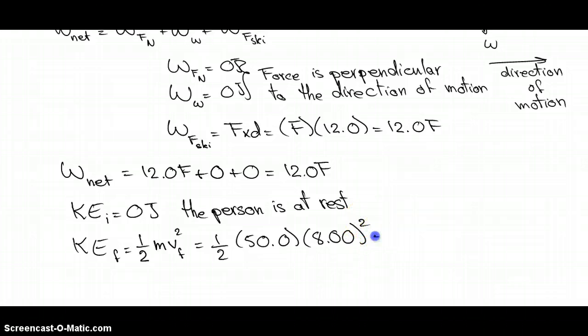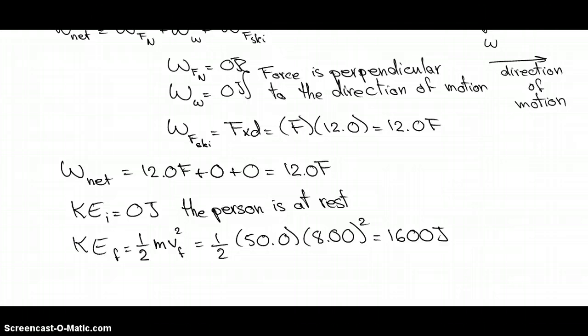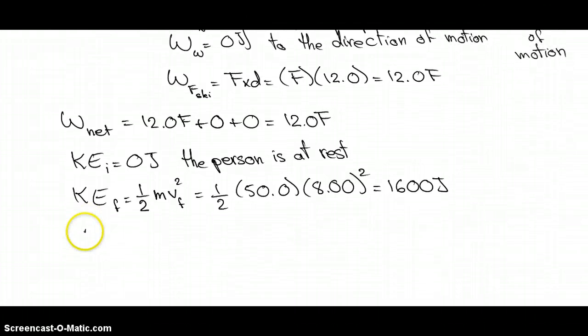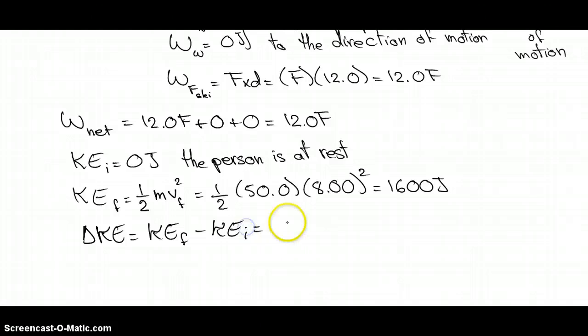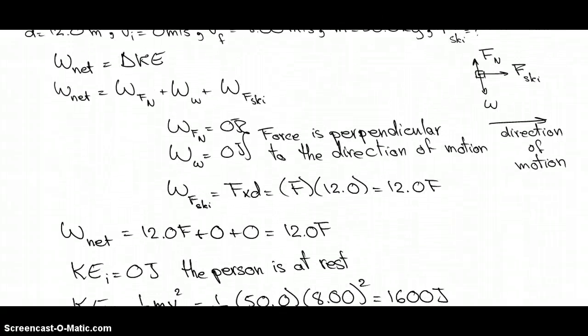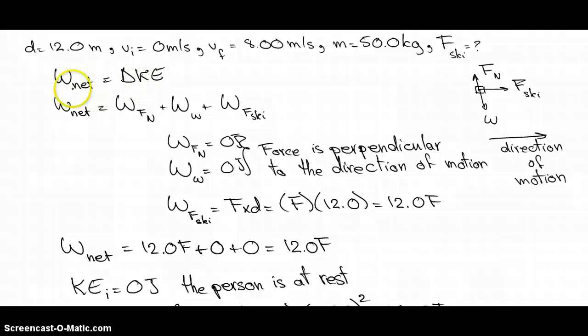Don't forget to square it. Use your calculator to find the answer, and the answer is 1,600 joules. So delta KE is the final kinetic energy minus the initial kinetic energy, which is 1,600 joules. Now I have everything ready to substitute in this equation.